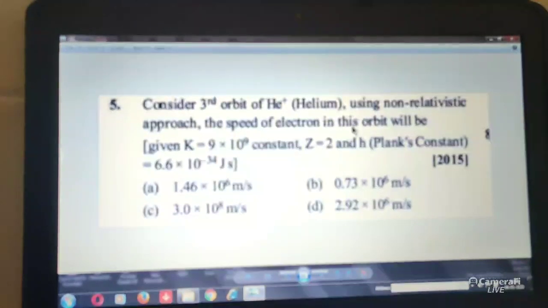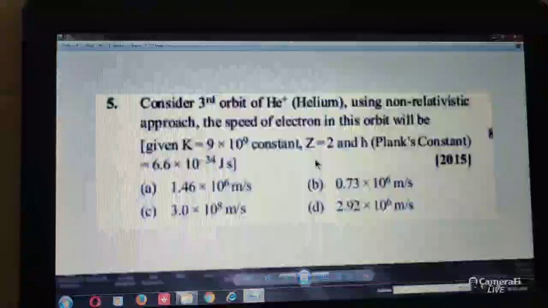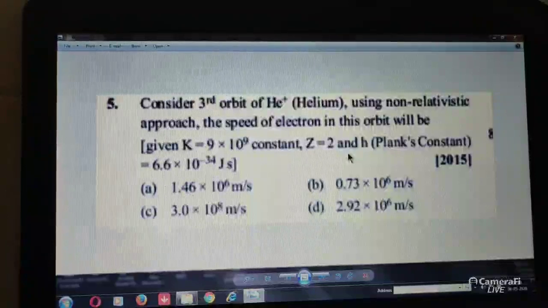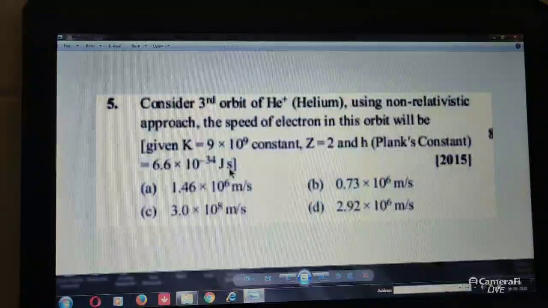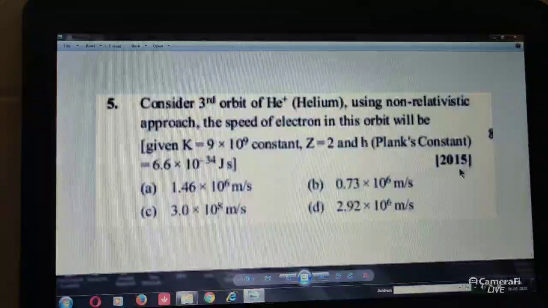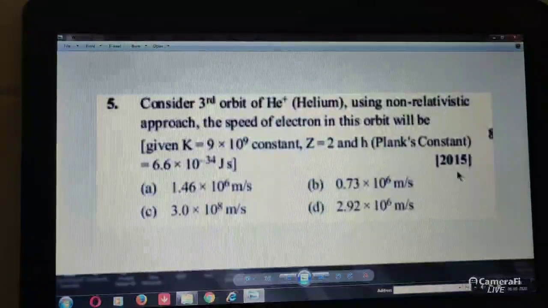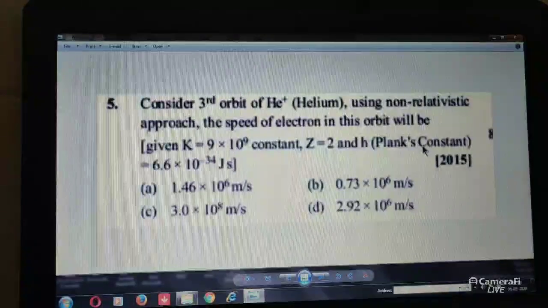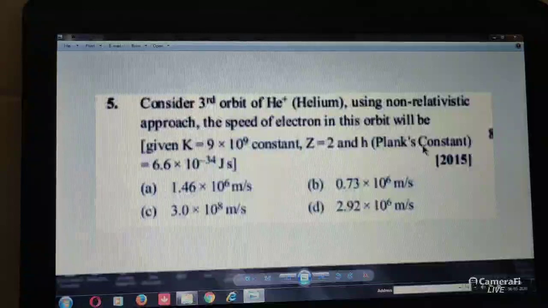The speed of the electron in this orbit will be? Here the k value is given as 9 into 10 power 9, that constant, and the Z value is 2 because it is the helium atom. Then, as usual, the Planck constant 6.6 into 10 power minus 34 joule second. This question was asked in 2015. Now they are asking the electron speed in the third orbit of the helium atom.